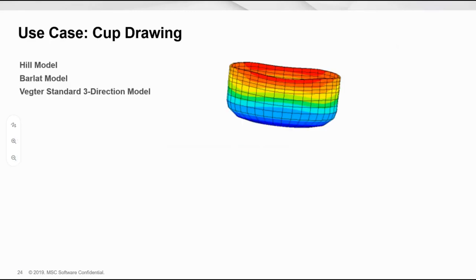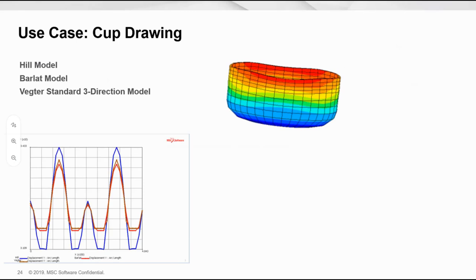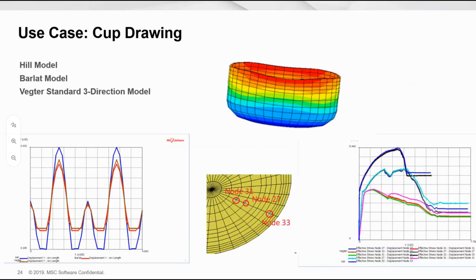Next, we'll talk about the use case for this criterion. Here is a test case on a cup drawing model. We used a Hill model, a Bartlett model, and a Vegter standard 3-direction model. You can see that this initially started off as a flat disk and then turned into a cup shape. We looked around the edge at the peaks and the valleys, and we have pretty good agreement, especially between the Vegter and the Bartlett model.